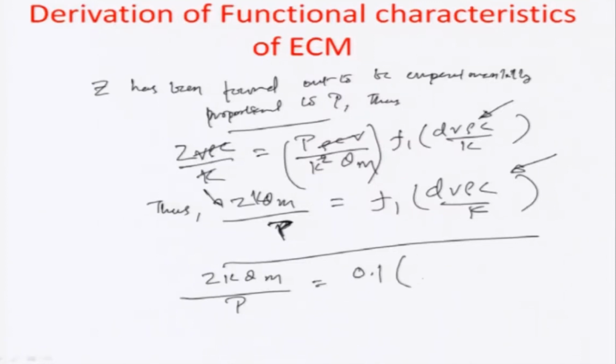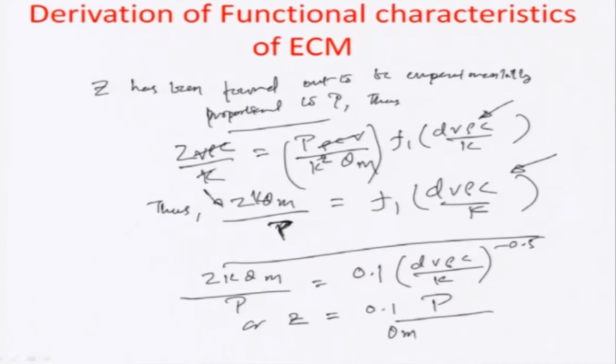This is more empirical, by just doing a curve fit. So, this comes out to be z k theta m by p equals 0.1 times d v rho c by k to the power of minus 0.5, or in this case z becomes equal to 0.1 power p divided by theta m root of k v d rho c.